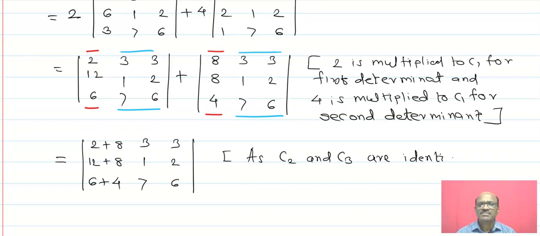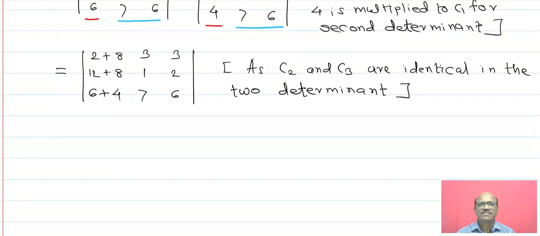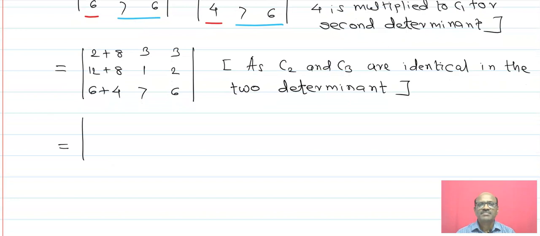If we add them, C2 and C3 are identical in the two determinants. Therefore, we will add them now. That is 2 plus 8, that is 10, 20, 10, 3, 1, 7, 3, 2, 6.